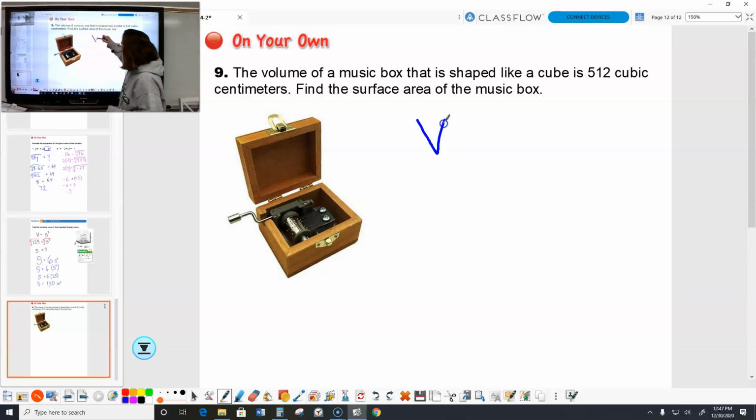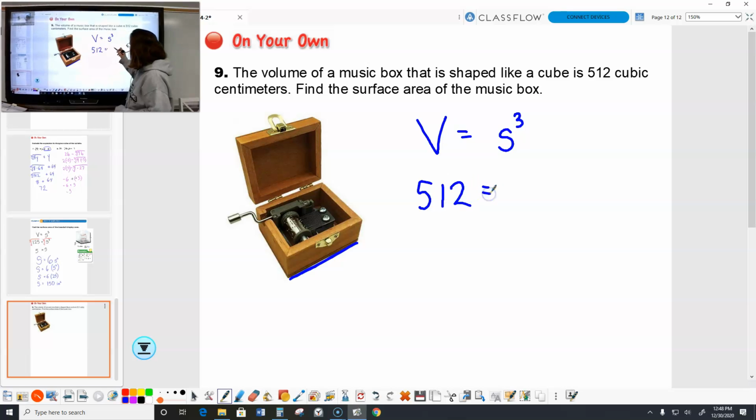Now, remember the formula for the volume is the side cubed. So if I know the measurement of one side and I cube that, I'll have the volume. Well, in this case, they told us the volume. I am looking for the measurement of one side. So they said the volume is 512. So that means the side cubed is 512. I need to know the side.